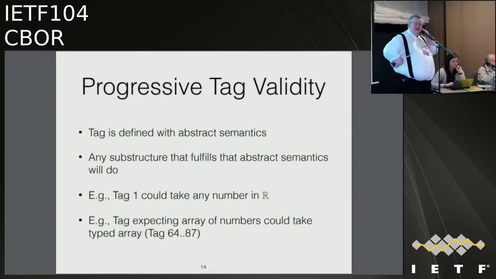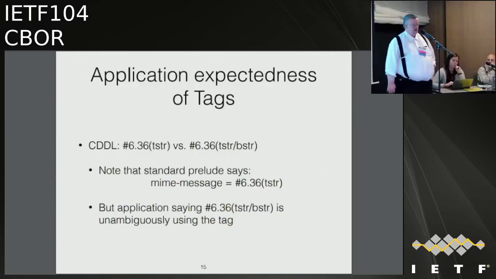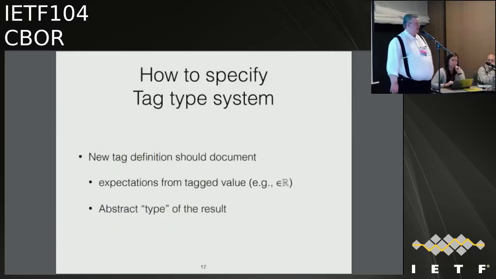Yeah, so the weird part is that the progressive approach actually creates something like a type system. So the idea is that a new tag definition should document both what it expects from the tag value and what it actually creates, what it exposes to the application or to the next tag around it.